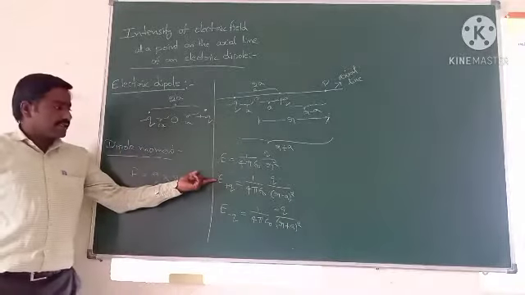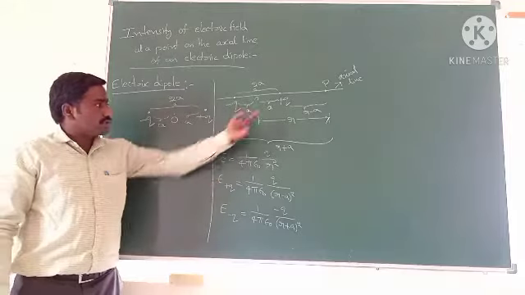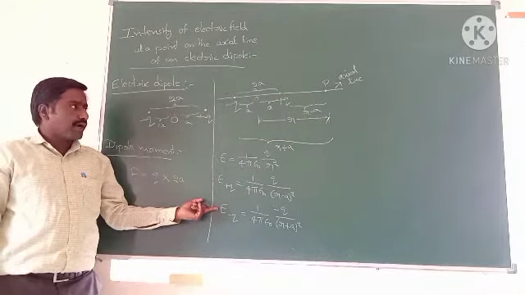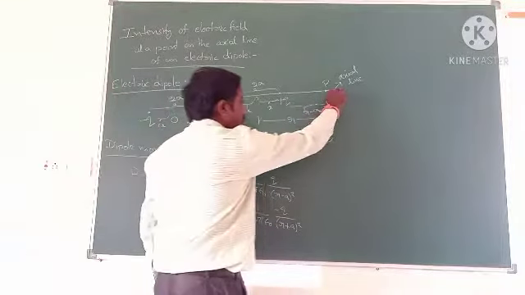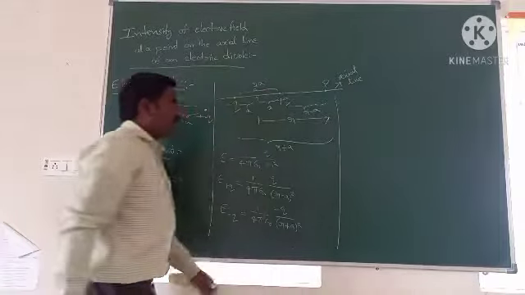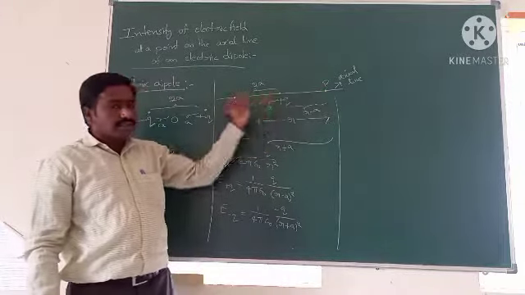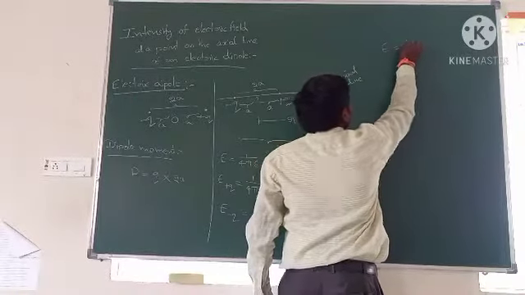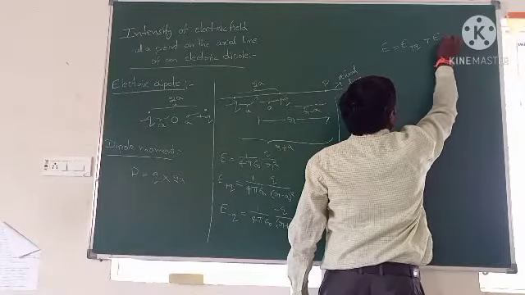So the first formula gives the electric field intensity at point P due to plus q charge, and the second gives the intensity due to minus q charge. Then the total field intensity at point P due to both charges is E equals E plus q plus E minus q.